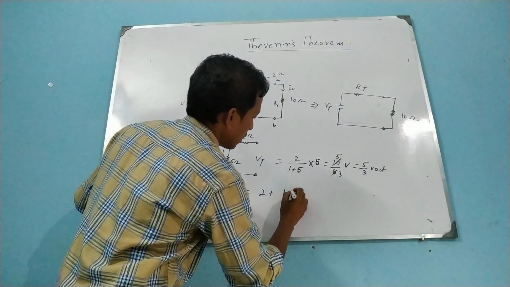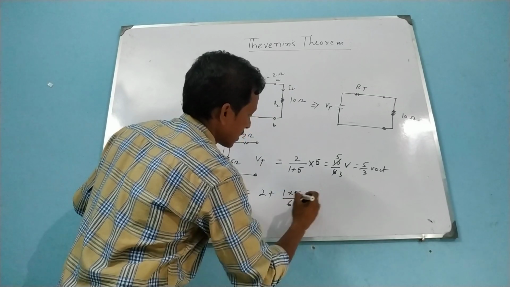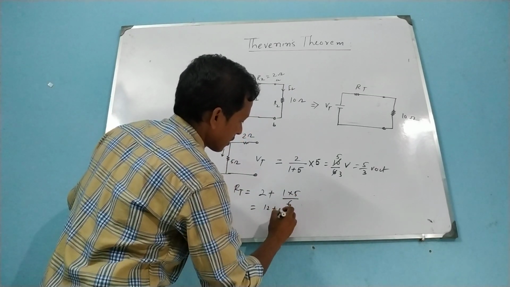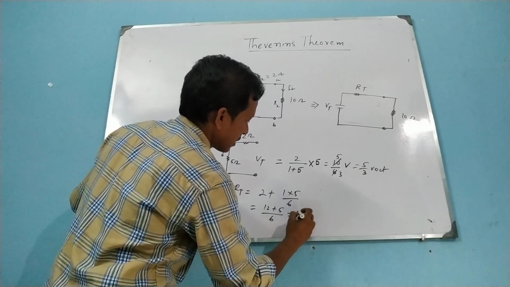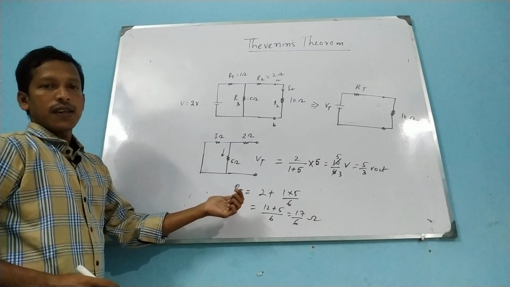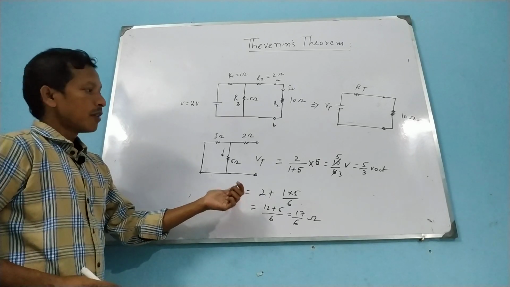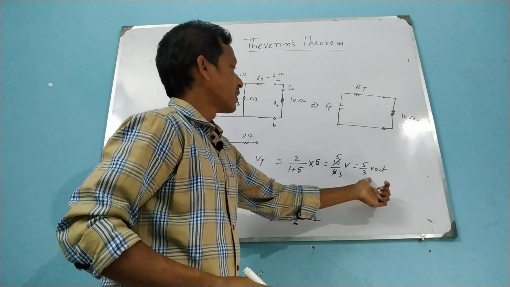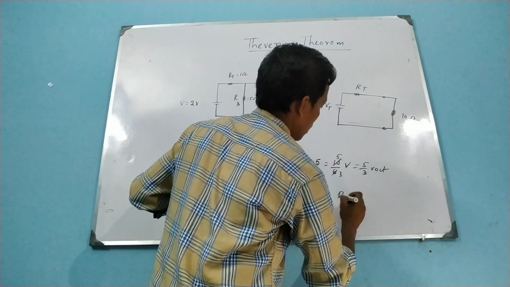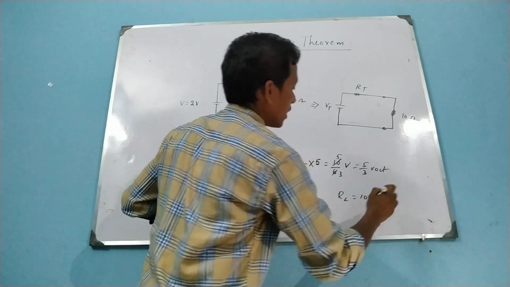So 1 into 5 by 6, and this is equal to 12 plus 5 by 6. This is equal to 17 by 6 ohm. So this is the Thevenin's resistance, and this is Thevenin's voltage, and we already know RL is equal to 10 ohm.